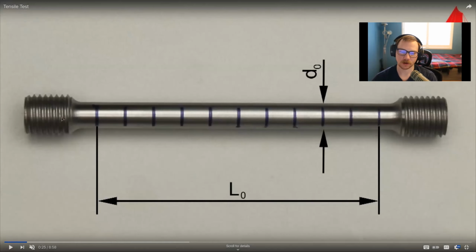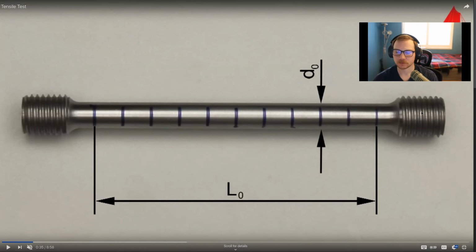For us, our ends weren't threaded, but their machine actually has threads on it. And you see L0 there. This is their gauge length for their test. Gauge length just means our starting length for the specimen.